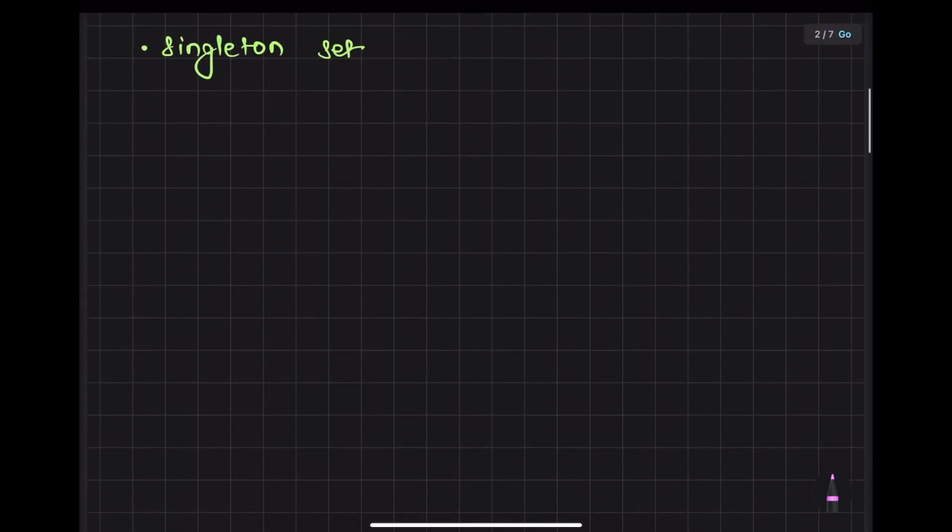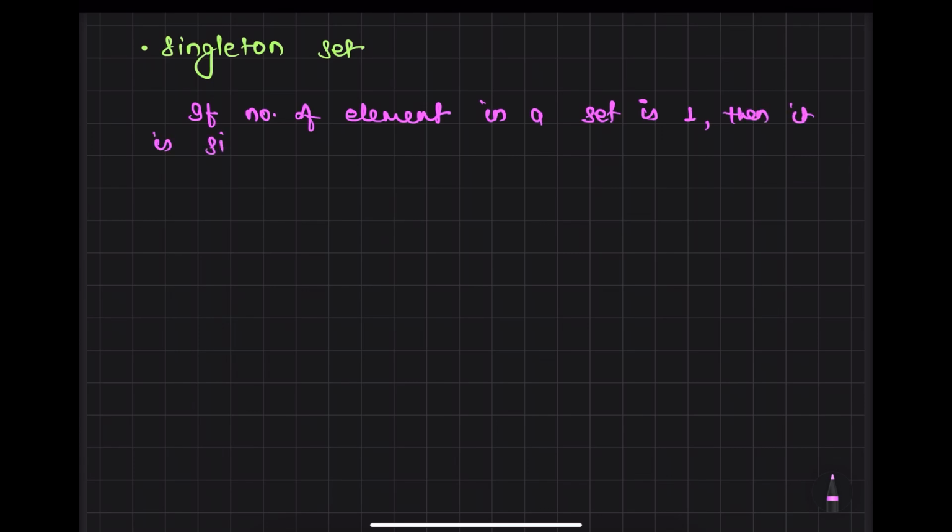Now we have singleton set. Now try to understand what is singleton set. If the number of elements in a set is 1, then it is singleton set.